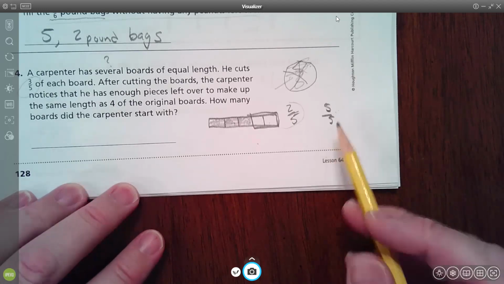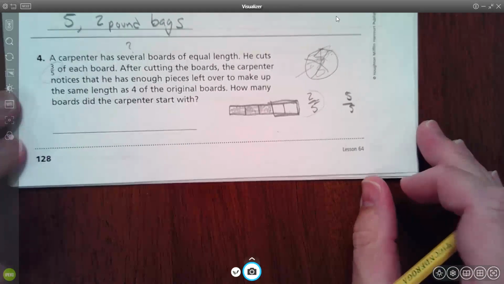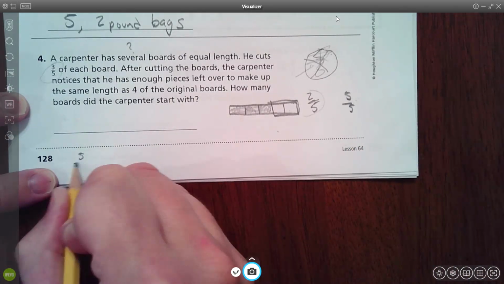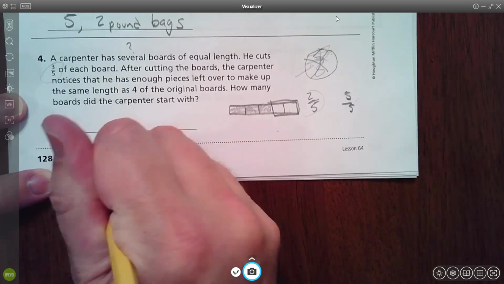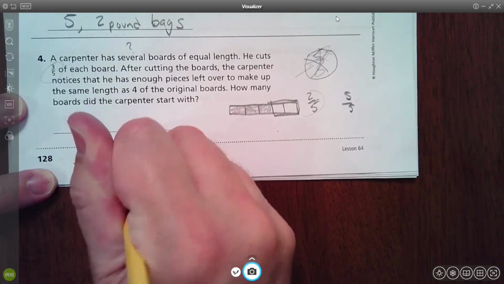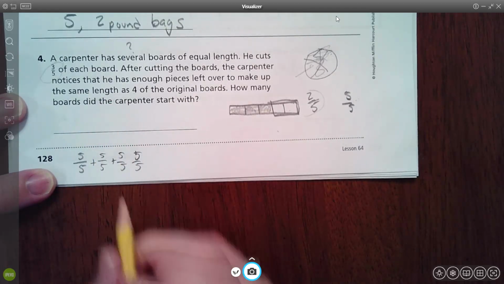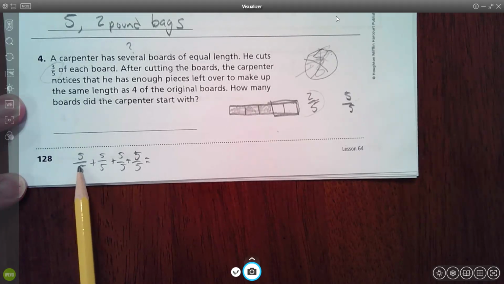All right, I can do this one right here. So if he's going to make 4 boards that are 5/5 long, then that means it's 5/5 plus 5/5 plus 5/5 plus 5/5. Pardon the penmanship. Okay, so this is what he has enough pieces to make.